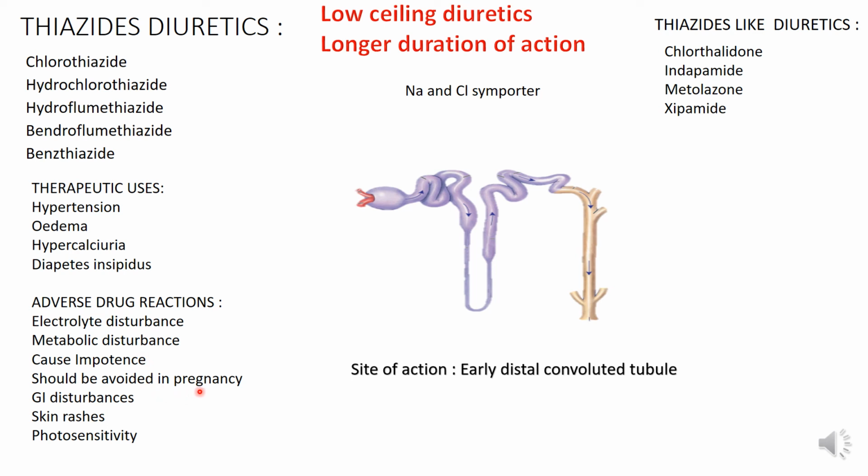Because they decrease the blood volume. If the blood volume is decreased, the blood perfusion to the fetus decreases and it may lead to fetal death. So we are not going to give thiazide to a pregnant woman. They also cause GIT disturbances, which include nausea and vomiting. You all know that it causes skin rashes and photosensitivity.